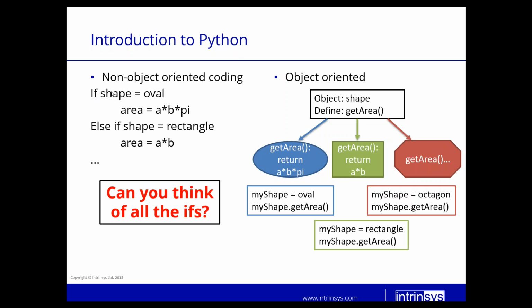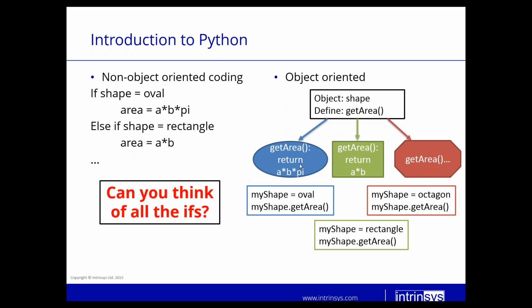So I could look at and say, what if the shape is oval? Then I can tell the code what to do. Otherwise, if the shape is rectangular, then I can tell the code what to do, and so on. However, this is long, it's not clear, it's difficult to change.